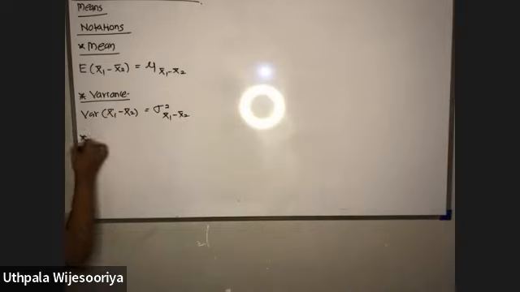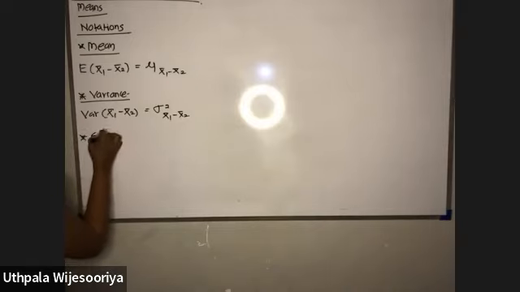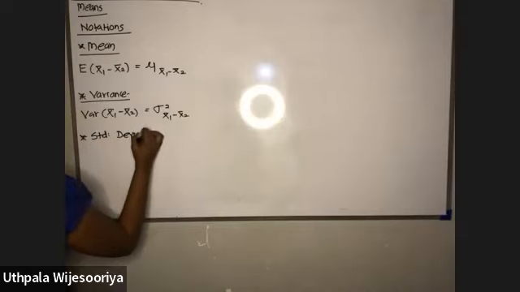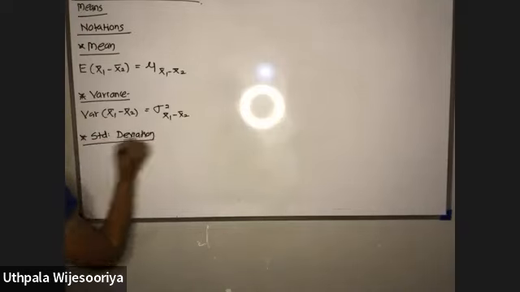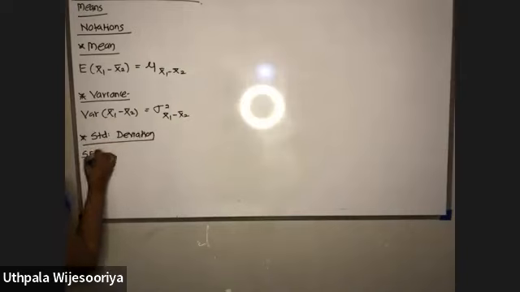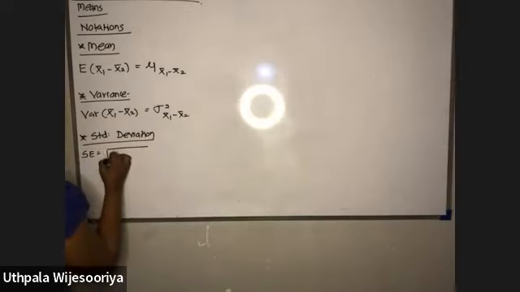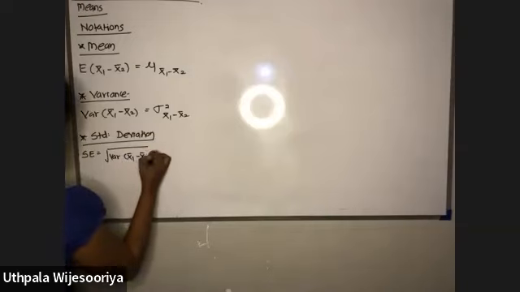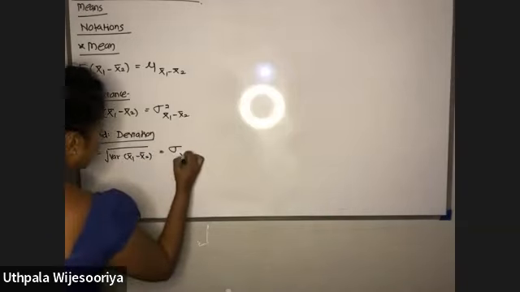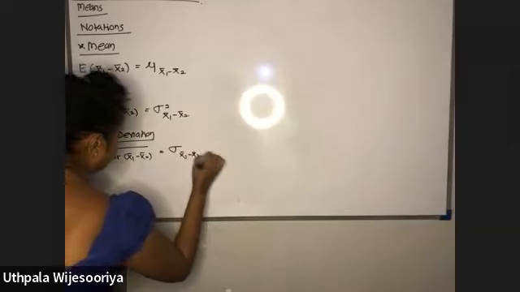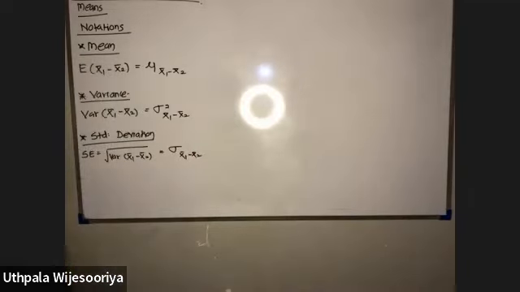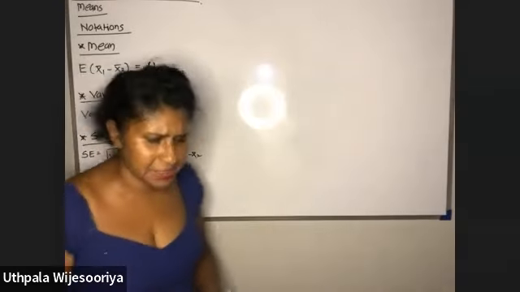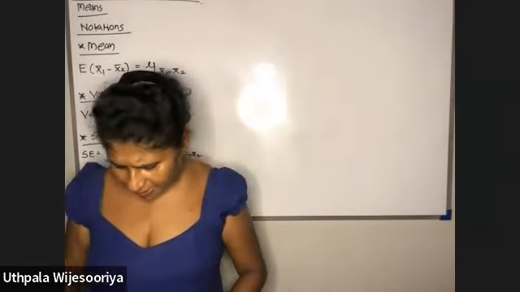The standard deviation, or standard error, is the square root of VAR X bar 1 minus X bar 2, which is sigma X bar 1 minus X bar 2. Many notations, this is the set of notations we are using for the difference between two sample means.